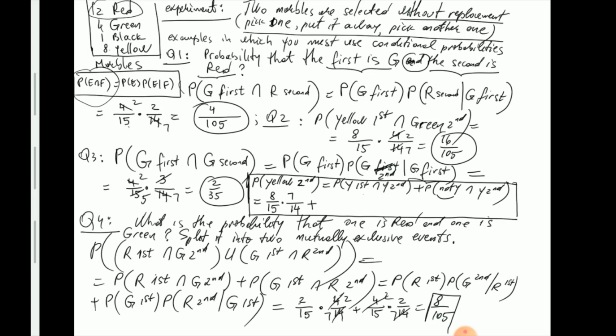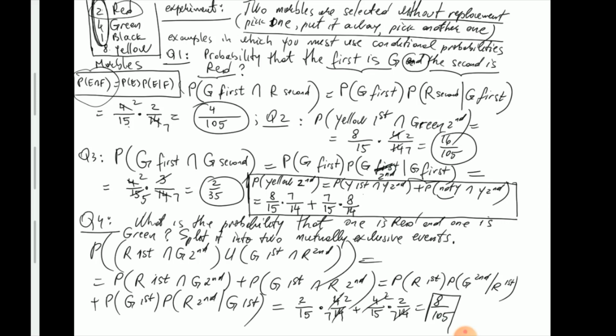If you go back all the way to the box, if you pick a non-yellow marble, the probability of a non-yellow marble will be all the other outcomes, 2 plus 4 plus 1. That will be 7 over 15. And then you still have 8 yellow remaining and only 14 marbles in the box.